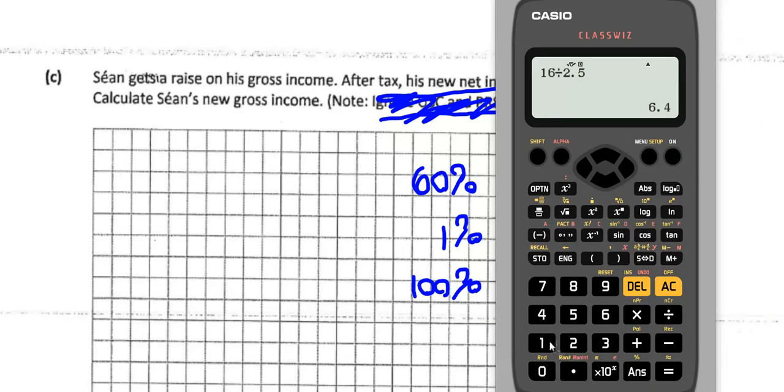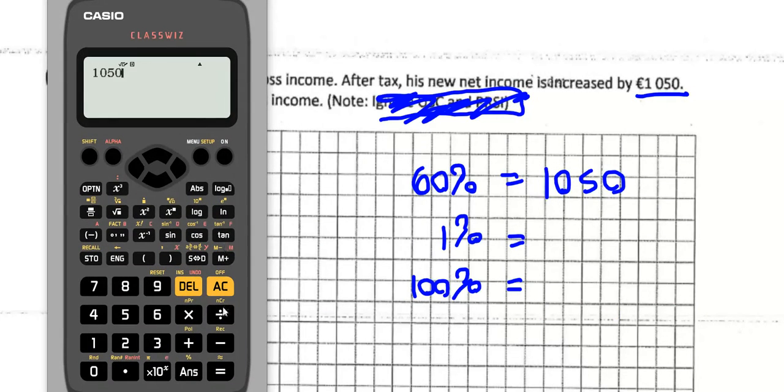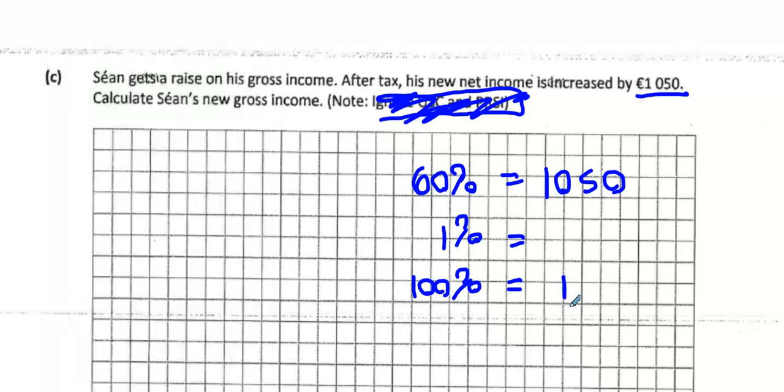So you get your 1,050, like so. You divide by 60 and you multiply by 100. And you get 1,750. That's how much extra money you should have gotten, but 40% of it was removed. Then you add that onto your gross income, which is 53 grand, and you got 54,750. All right, guys.